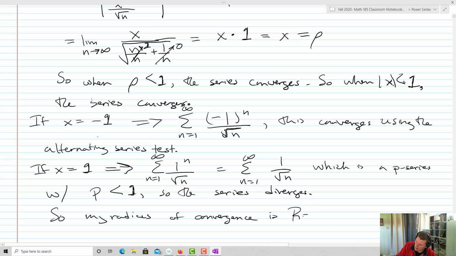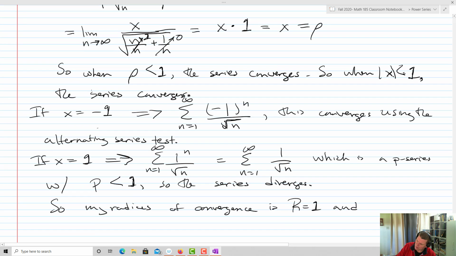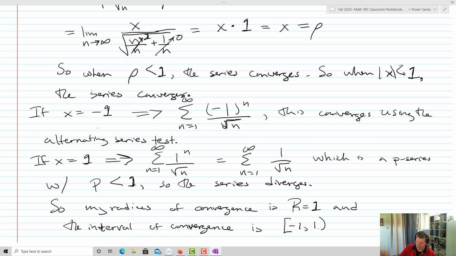R equals 1, and the interval of convergence is, we'll include -1, but not 1. Because for -1, we get an alternating series which passes the alternating series test. But when x equals 1, what we end up with is a p-series that is divergent.